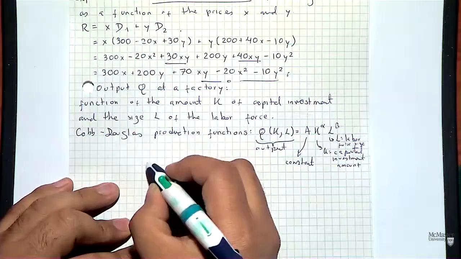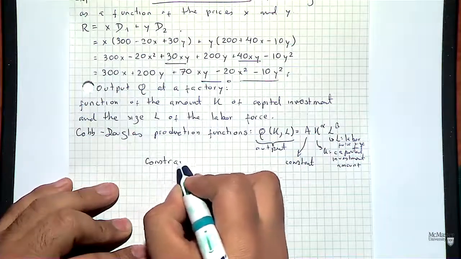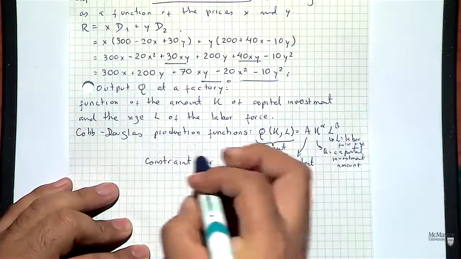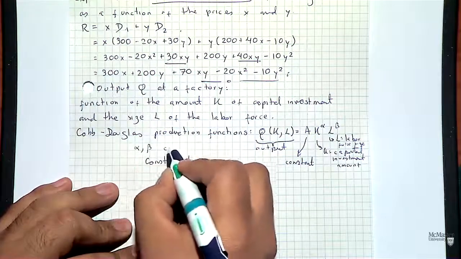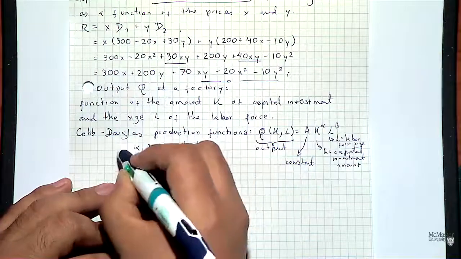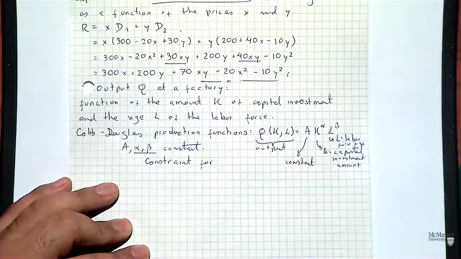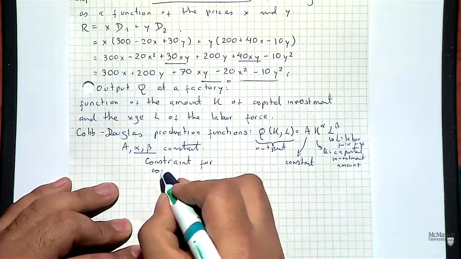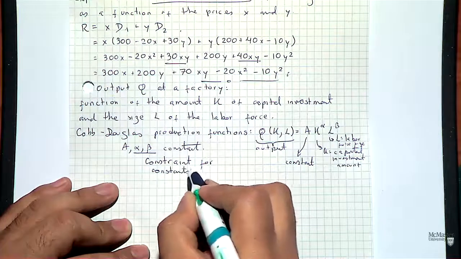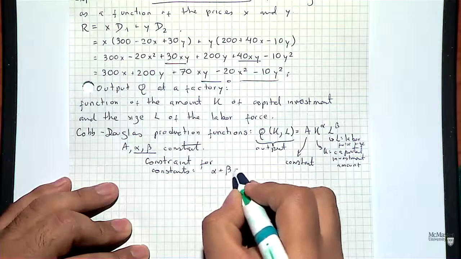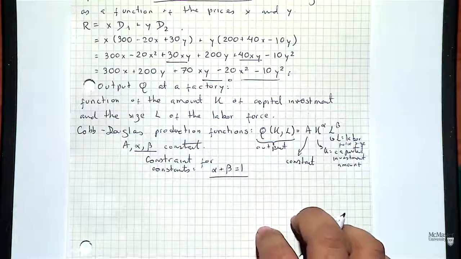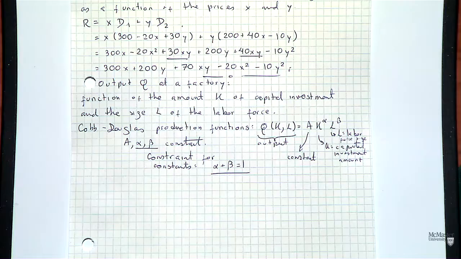But there is a constraint between the powers: alpha plus beta must be equal to 1. That is by assumption. You will see later in one of the examples why that is taken as an assumption.